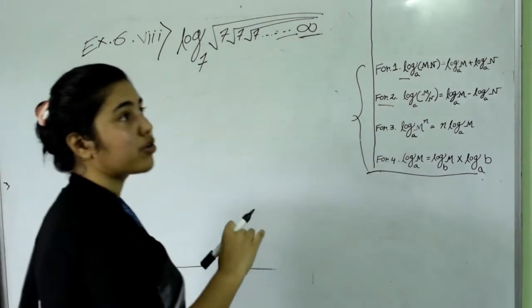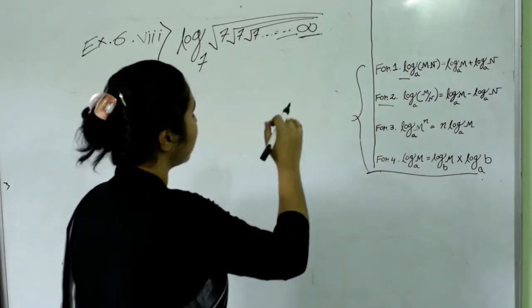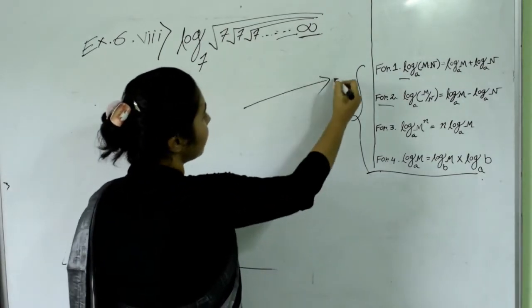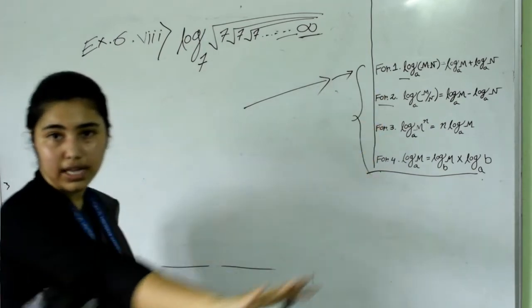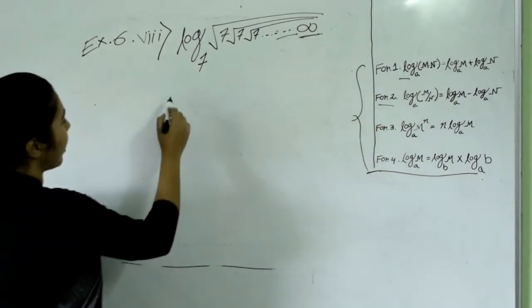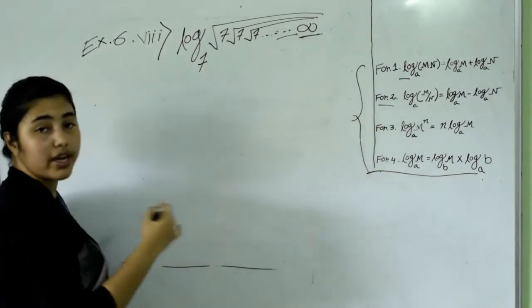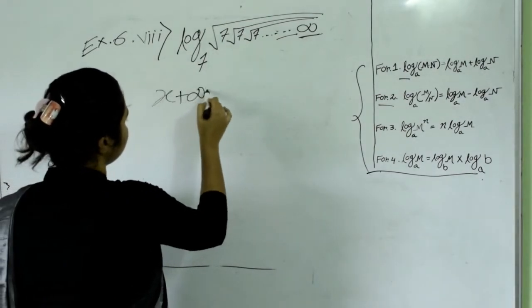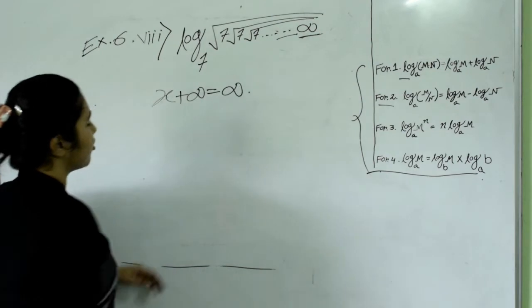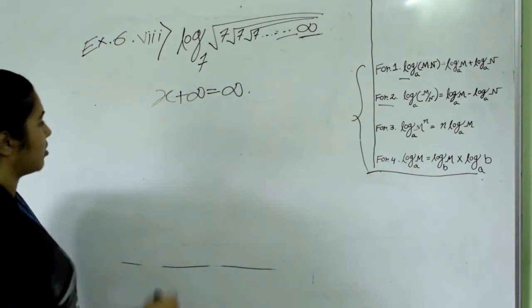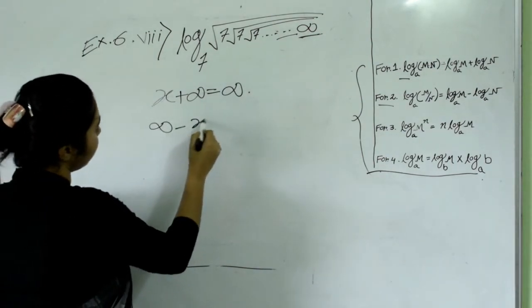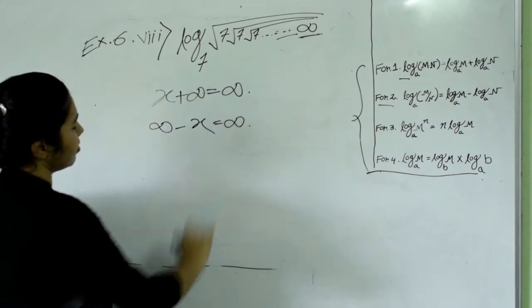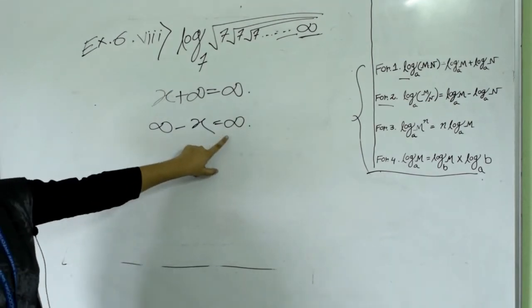It means that it has no end; however far we go, infinity is even more than that. Now if we add anything, any large number, suppose x, to infinity, it will always give infinity. If we subtract any number from infinity, again it will give infinity.